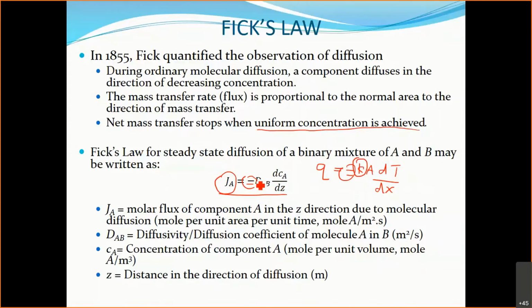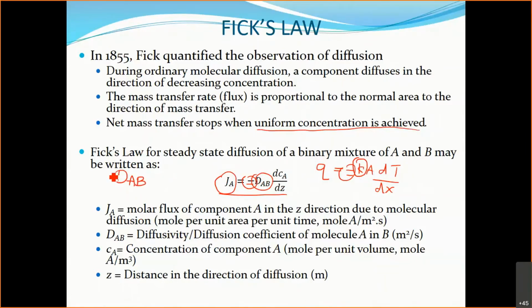Here we introduce a term called diffusion coefficient. Diffusion coefficient is also similar to thermal conductivity. It also depends on the material. But the only difference is that I write here DAB. So what does it mean?